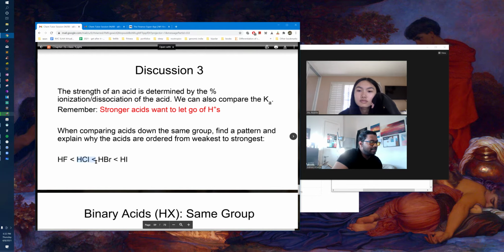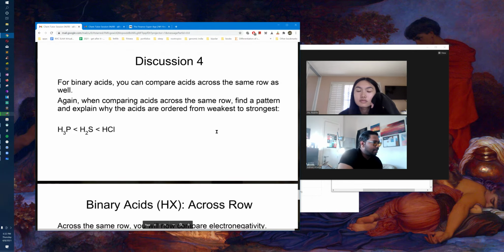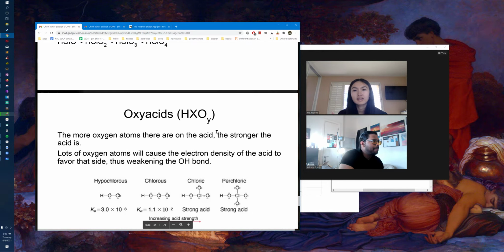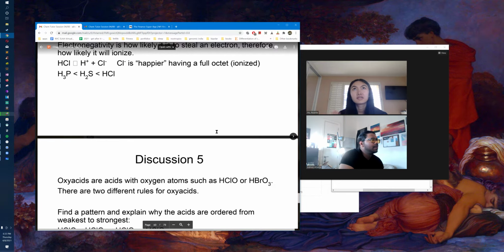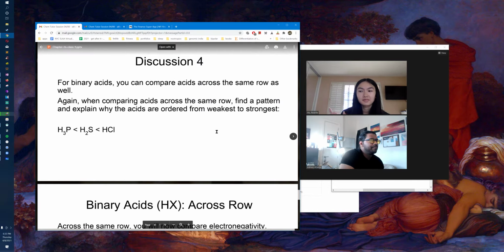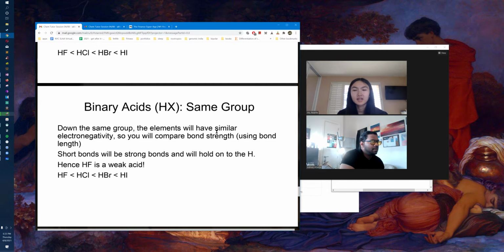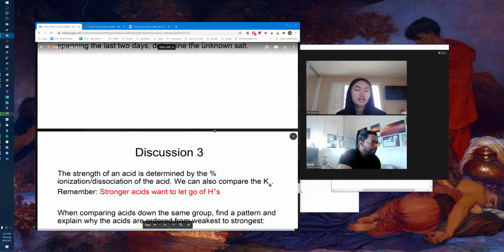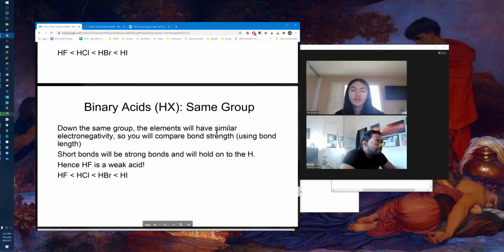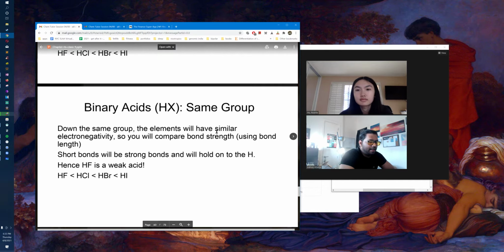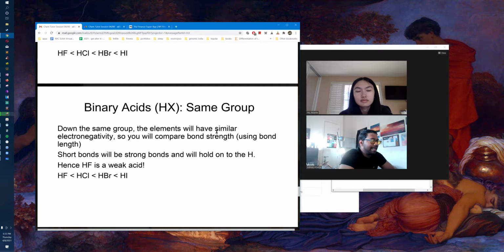Now, that's one of the reasons. Another reason is the size of the atoms. I don't know if you guys talked about size, like the radius and the length. The longer the bond, the weaker it is, or the easier it is to break apart. Atomic radius gets larger as you go down and to the left.